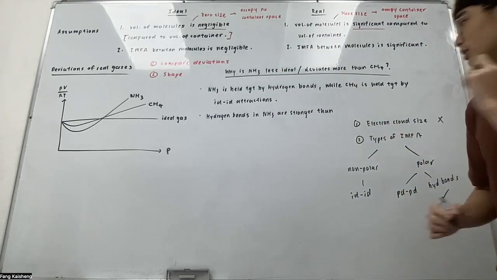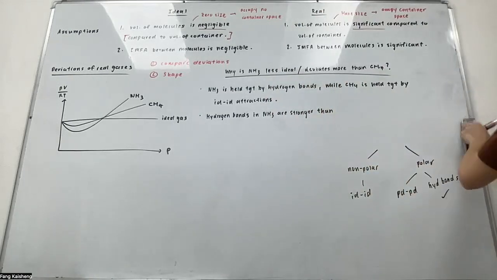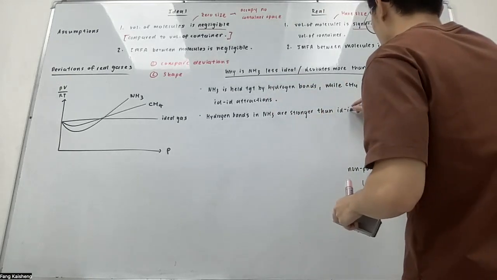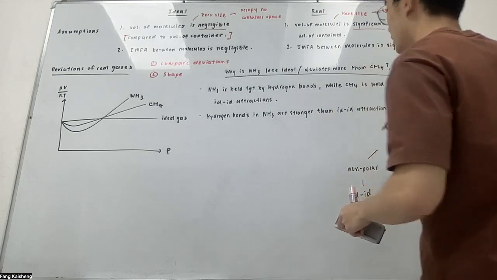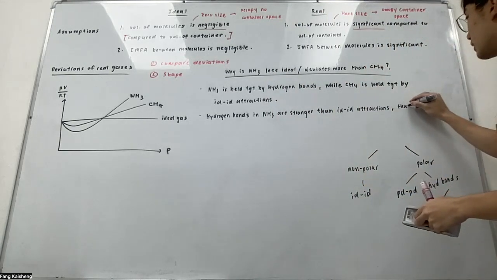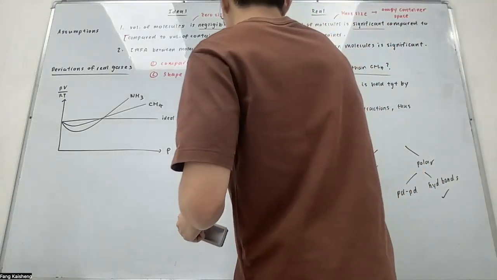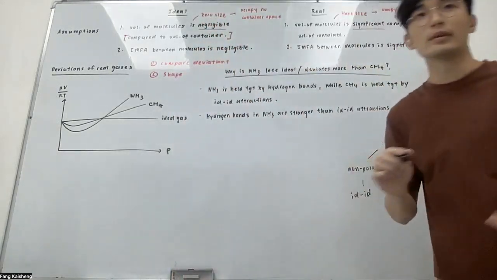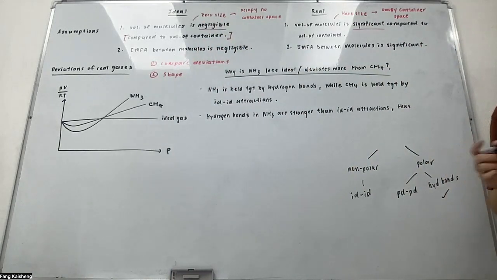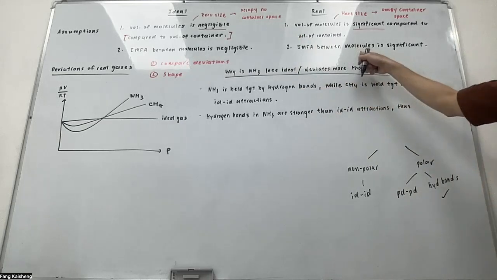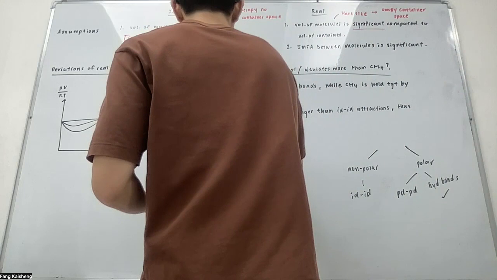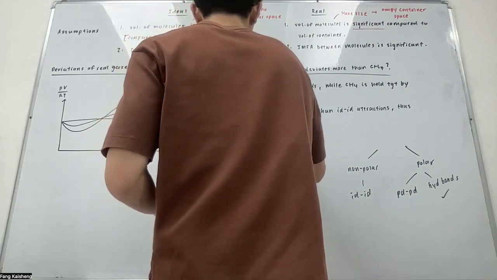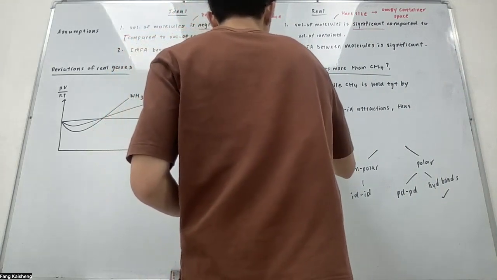More significant, right? So since they are stronger than the ID-ID attraction, thus, if they are more significant, what does that mean? More ideal or less ideal? Less ideal. Good. Just tell me it's less ideal and deviates more from ideal behavior.